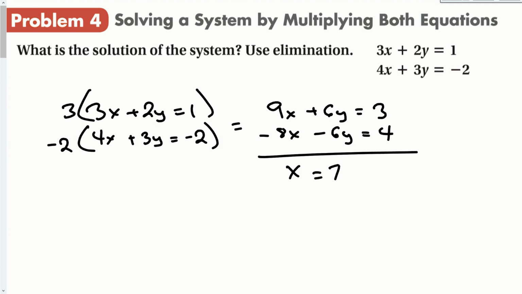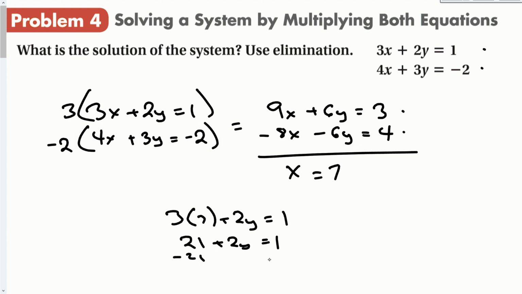Pick one to replace the x. It can be any one you want, one of these two new ones, one of these two old ones. Again, go for the one that has the smallest numbers, least amount of negatives. So I'm looking at the top one. So that's 3 times 7 plus 2y is equal to 1. 21 plus 2y is equal to 1.